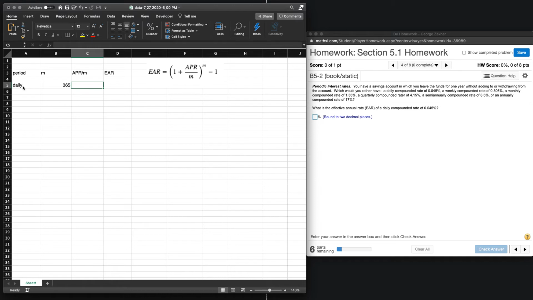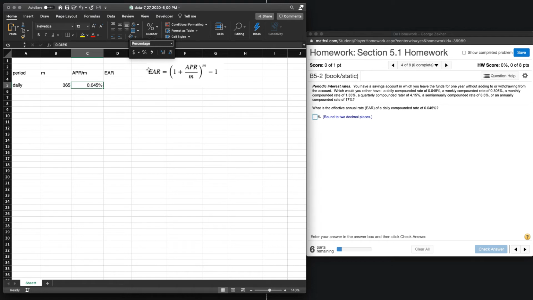Well, they give us the periodic interest rate here, okay? So that's that 0.045%. Make sure that we know it's a percent, okay? Now in this case, it's rounding a little bit. It's good to see everything, so let's keep it that way, okay?